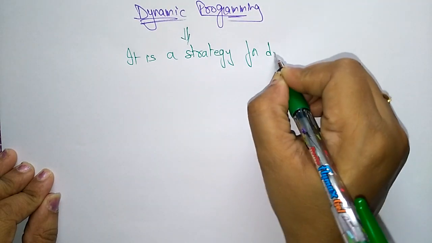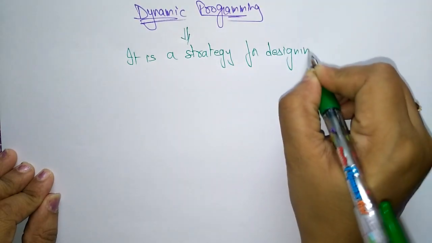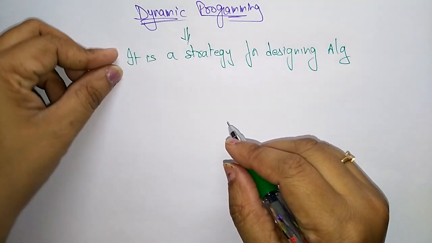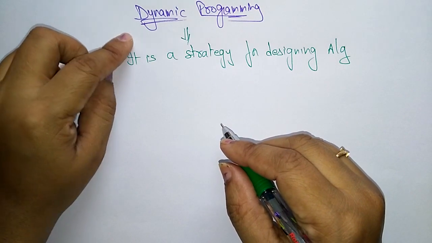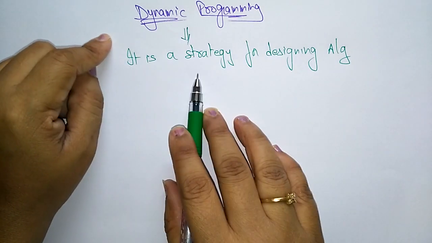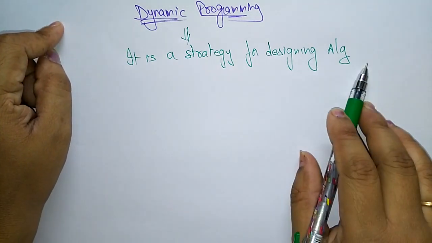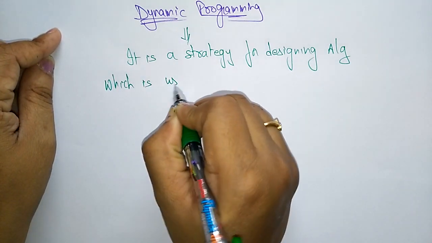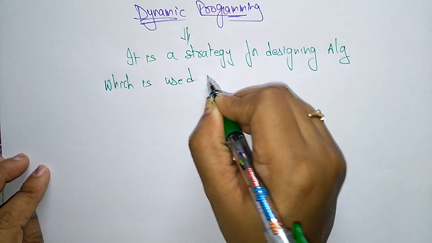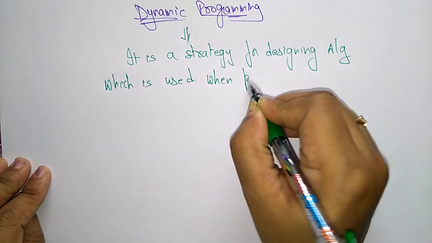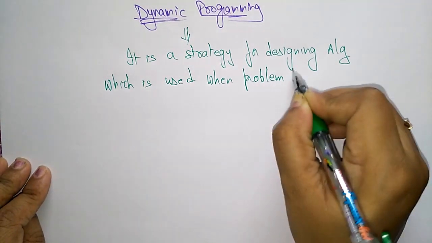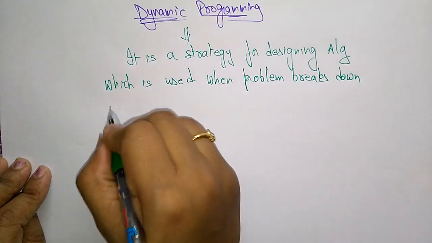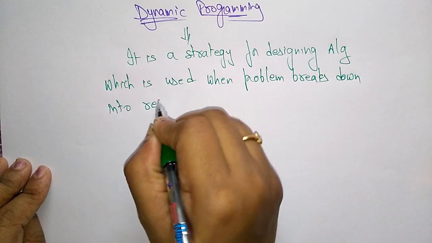for designing algorithms. To design an algorithm, we have to follow some strategies. One of the strategies that we can follow is dynamic programming. Dynamic programming is a strategy for designing algorithms which is used when a problem breaks down into recurring small problems.